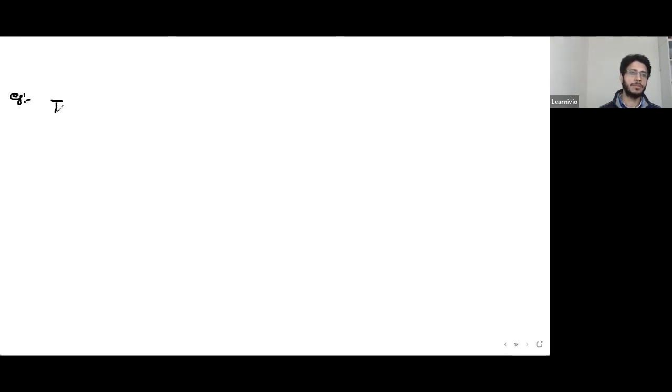Say you have a temperature T1, which is 200 plus minus 0.2 Kelvin. You have a temperature T2, which is 300 plus minus 0.3 Kelvin. I ask you to calculate T2 minus T1. First part, the temperature difference.